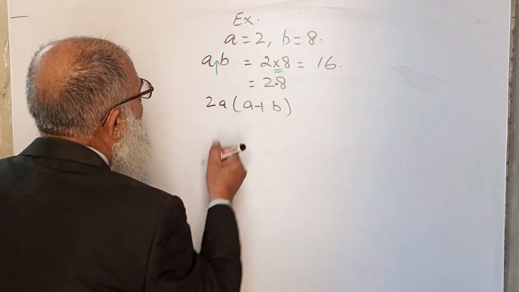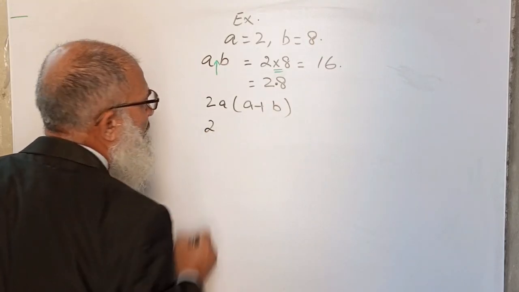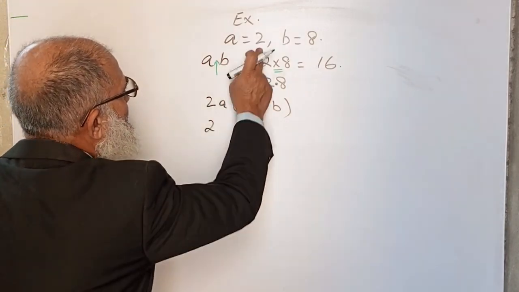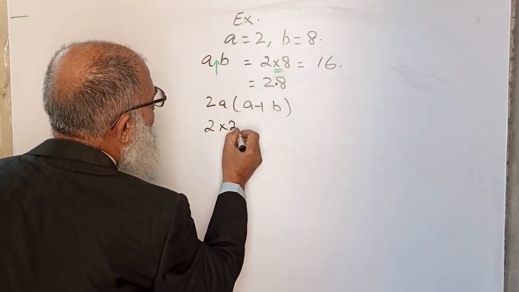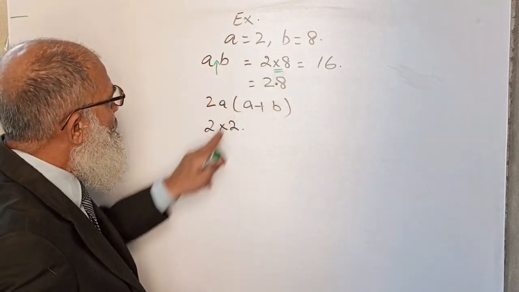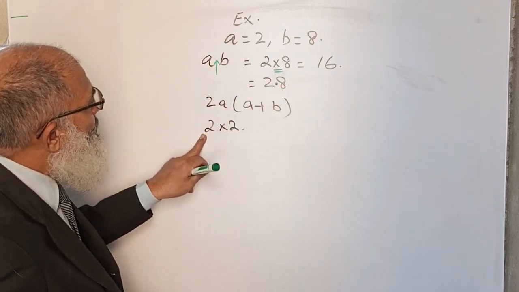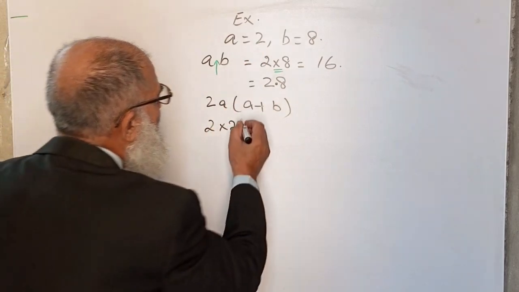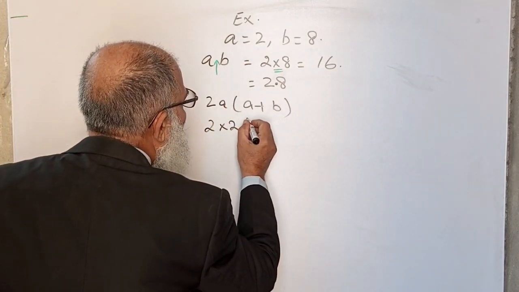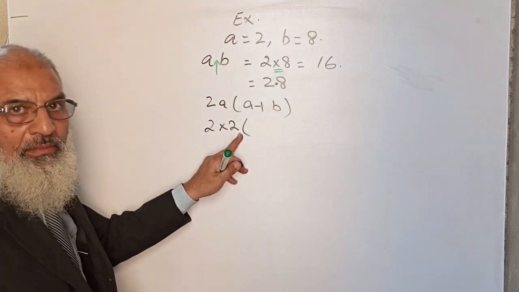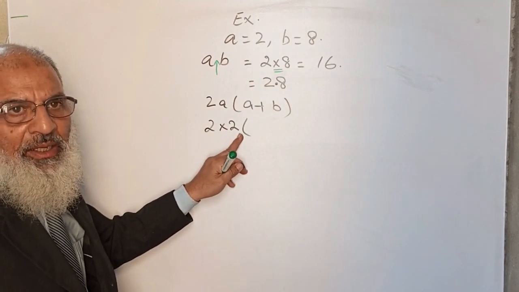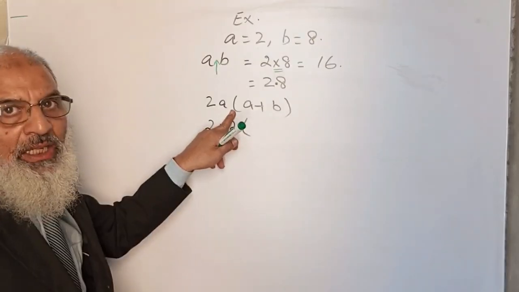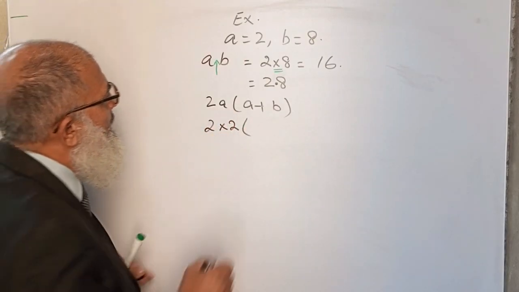So what we do, we put the multiplication sign back to its position: 2 multiplied by 2. Here you can still omit the multiplication sign, because the bracket also stands for multiplication.